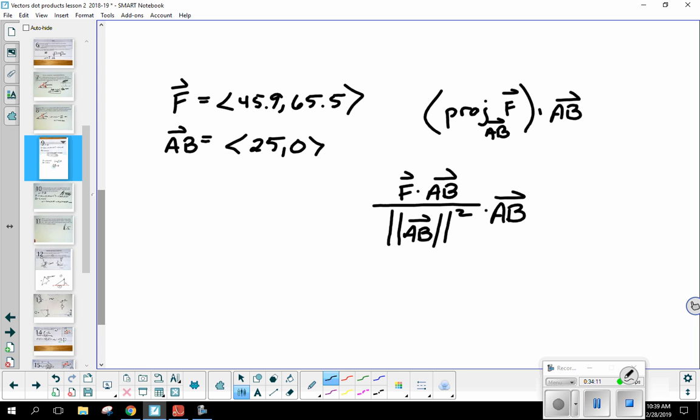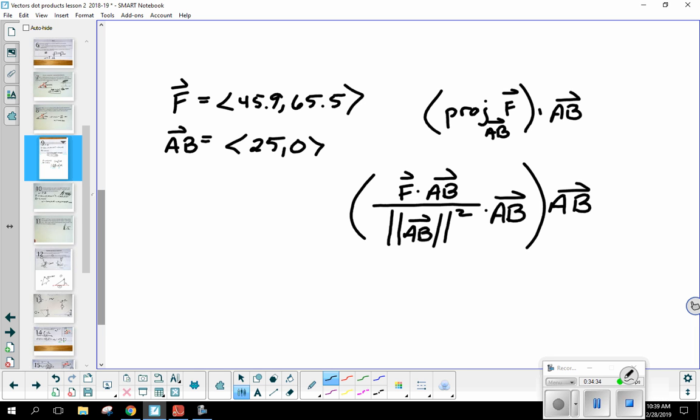But this is simply the projection formula. I would still need to multiply it by the distance vector AB, because remember, the parentheses is just the formula, and then I multiply it by the distance vector. Now let's plug in everything we know.